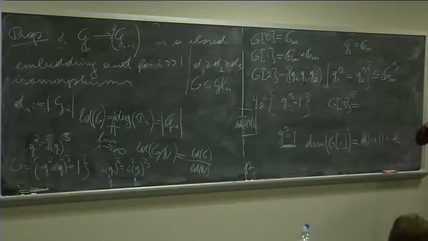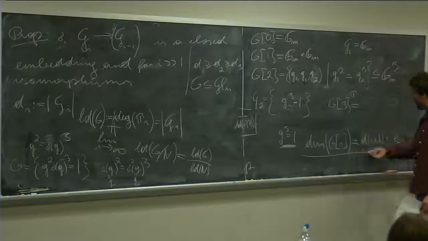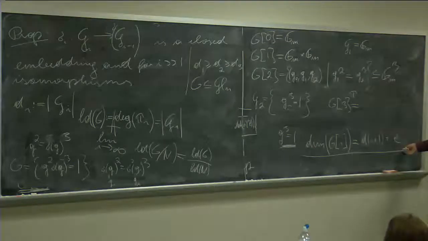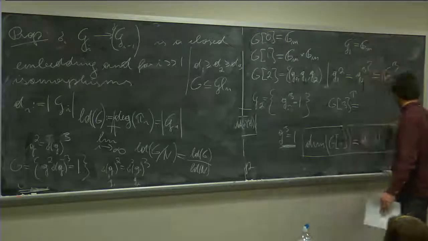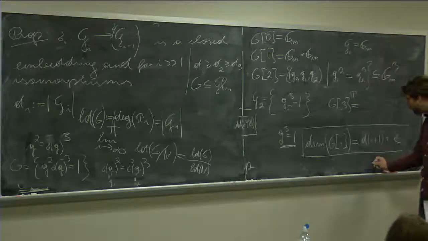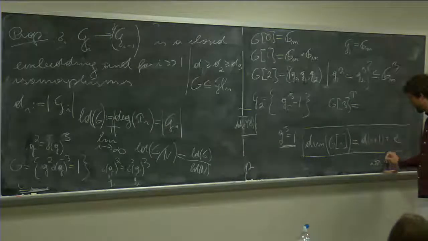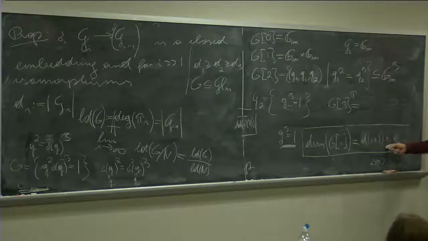There's various things you can do. We have just one endomorphism, so the dimension polynomial is sort of just linear. So what you can prove is that for i big enough, there exist non-negative integers d and e, such that you have this equality.